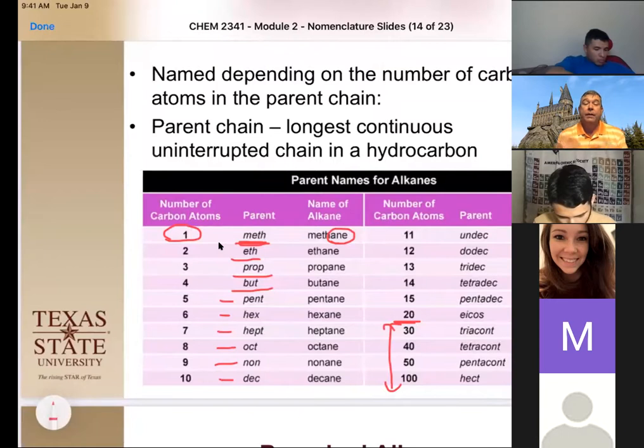And then for the other carbons all the way up to 20, we put the un, meaning 1, undecane, dodecane, meaning 2, 3 decane, and so it's 1 plus 10, 2 plus 10, 3 plus 10, 4 plus 10, all the way up to icosa. And the icosane is the C20. That's the largest one you have to put into memory, okay?